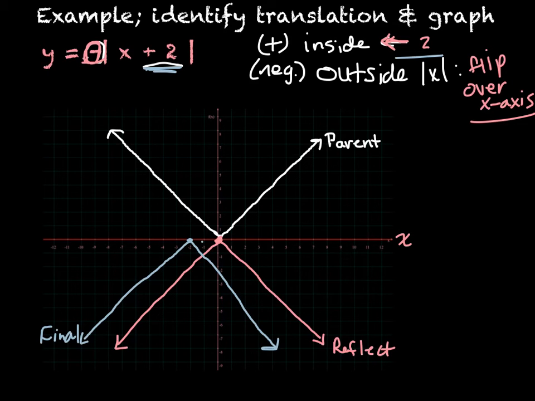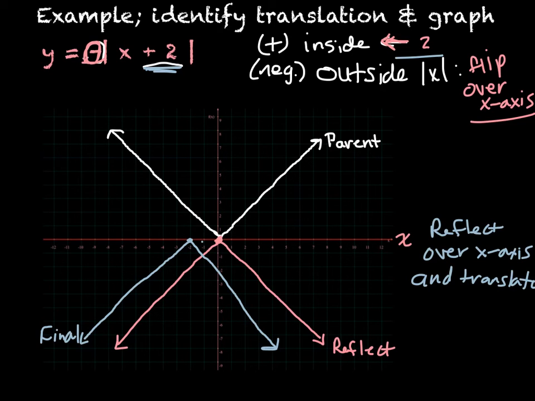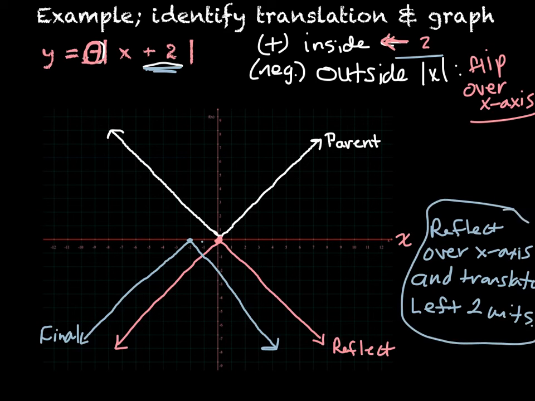So if I'm going to write out what that means, I'm going to reflect over the x-axis and translate left 2. So that would be your description on this one. Definitely a little bit more difficult.